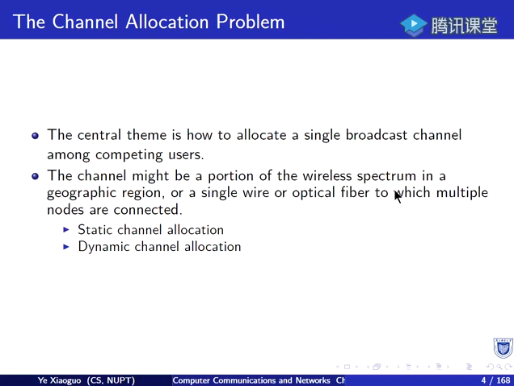The central theme is how to allocate a single broadcast channel among competing users. So usually the channel might be a portion of wireless spectrum in a geographic region, or a single wire or optical fiber to which multiple nodes are connected.